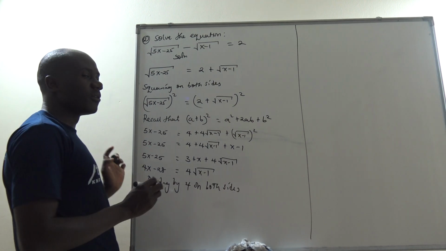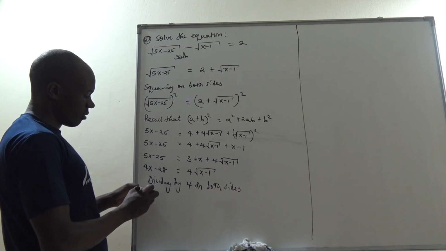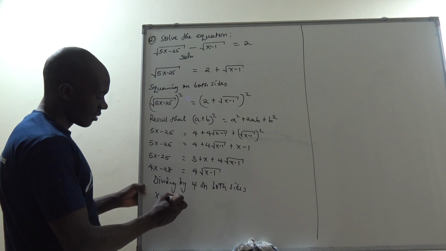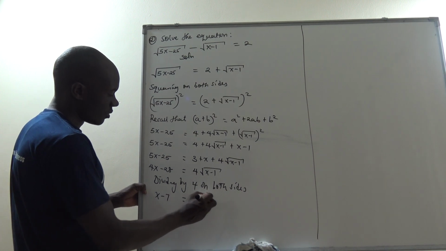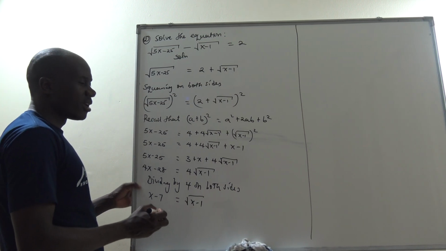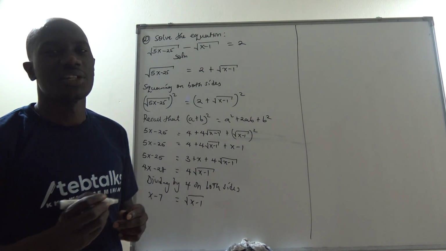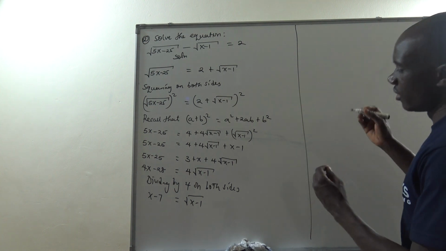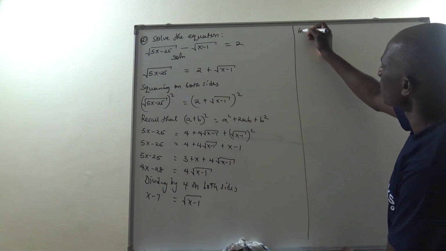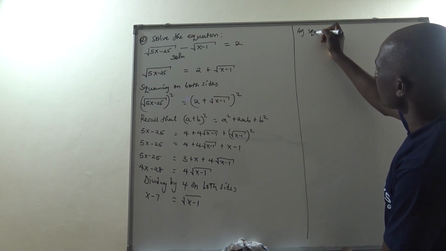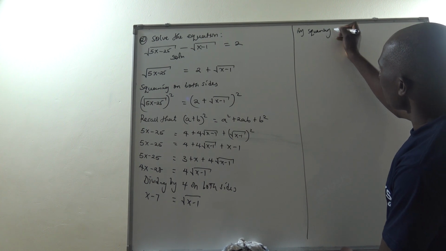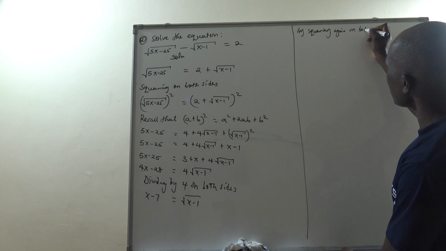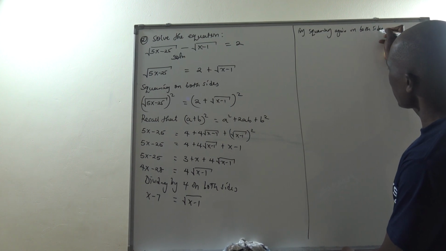We shall remain with x minus 7 equals the root of x minus 1. How can we eliminate the root? We can do it by squaring again on both sides.